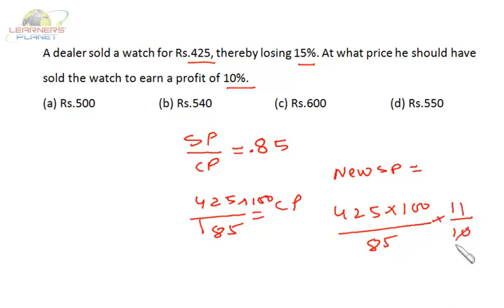Okay. So it's 50 into 11, that is 550 rupees. Okay. I hope you are clear.